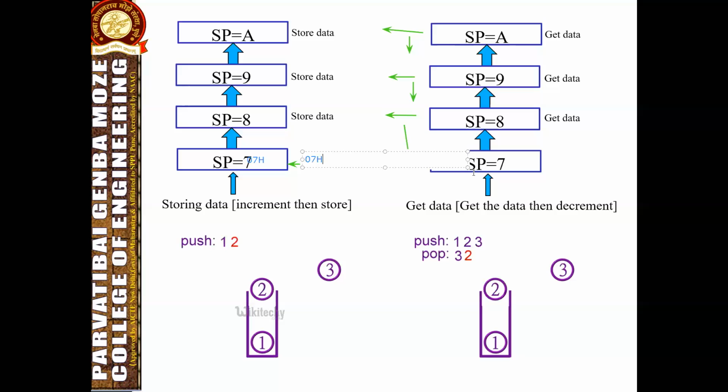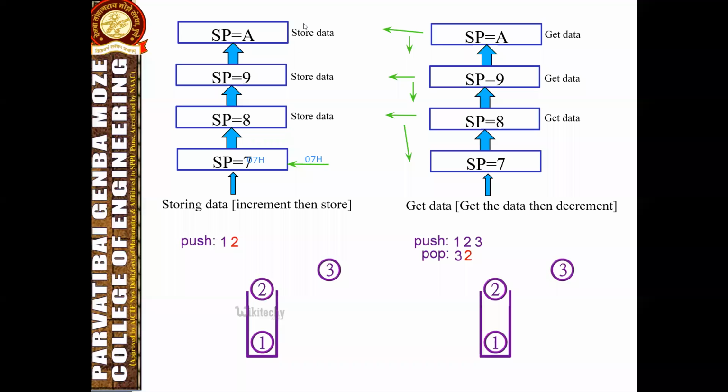The stack can be used to save register contents, and the CPU uses the stack to save the address of the instruction just below the call instruction.